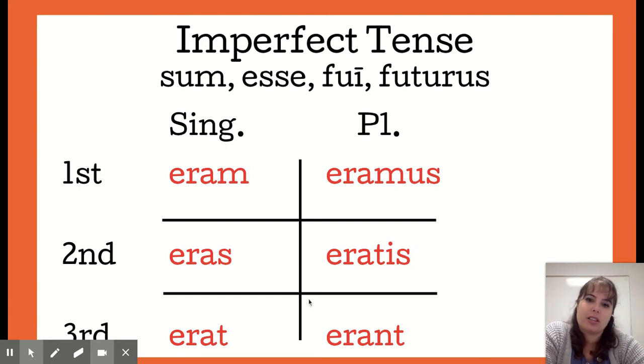So the imperfect tense of this verb is going to be used most of the time when you're talking about someone was something or I was something in the past. If you're describing someone in the past, you're typically going to use the imperfect tense of this verb. So we've seen this in our stories.